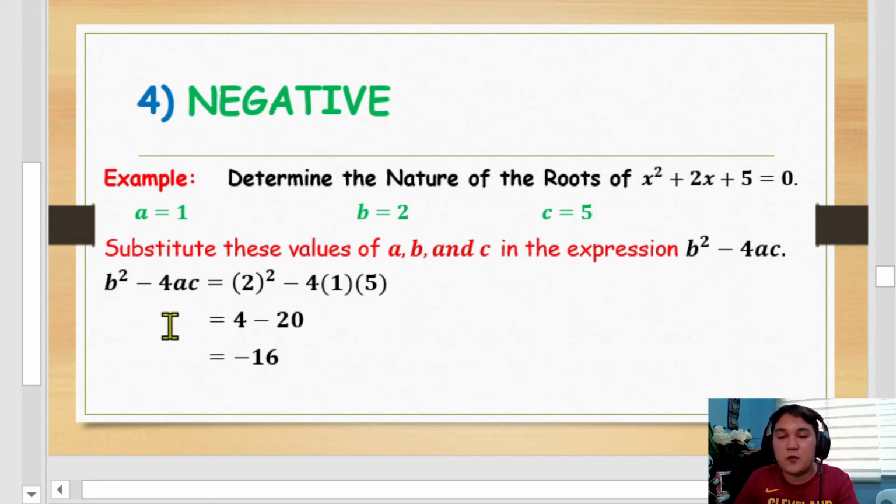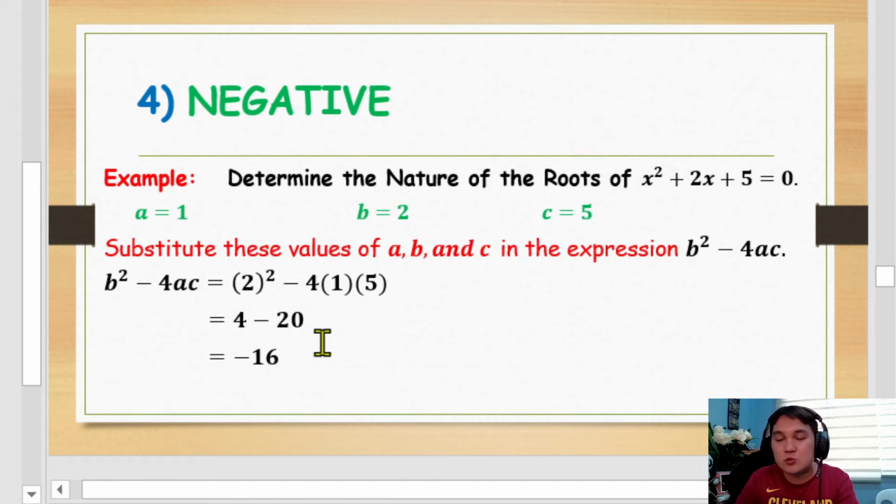b squared minus 4ac is equal to, so b, we have 2, so that is 2 squared, minus 4, a is equal to 1, c is equal to 5. We simplify 2 squared, that is 4, minus 4 times 1 times 5, that gives us 20.